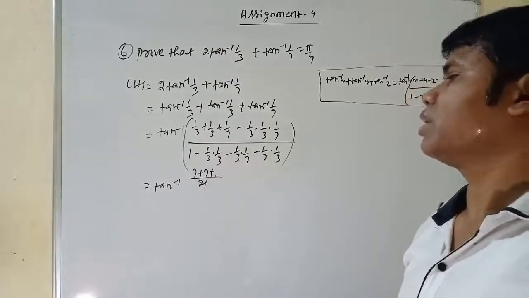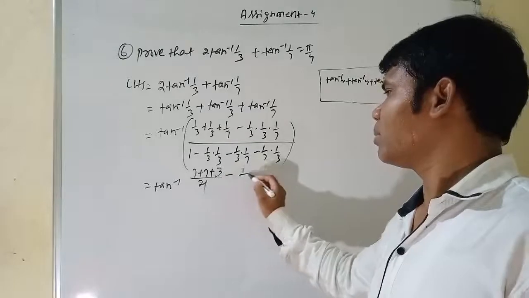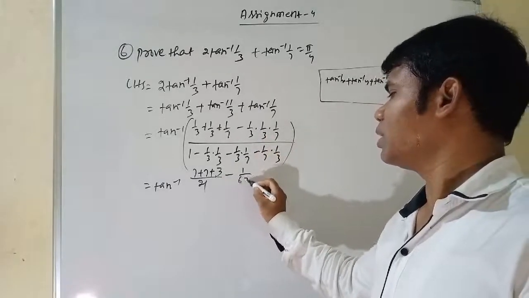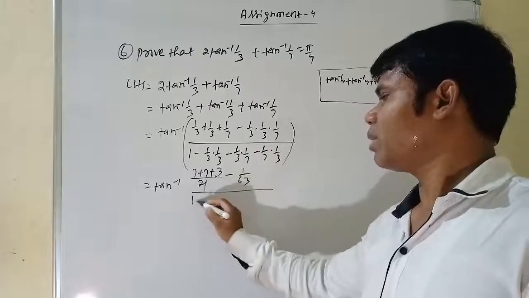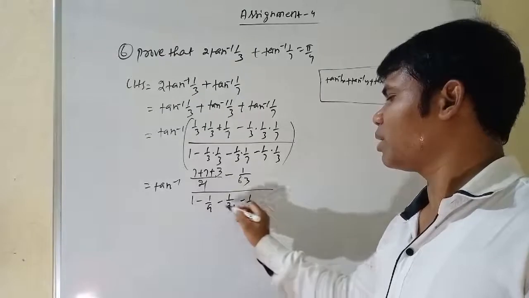So the numerator is 7 plus 7 plus 1, minus 1 by 63, and divided by 1 minus 1 by 9 minus 1 by 21 minus 1 by 21.